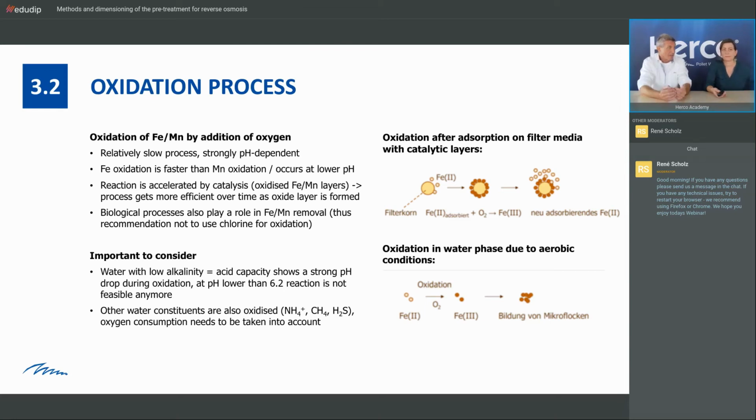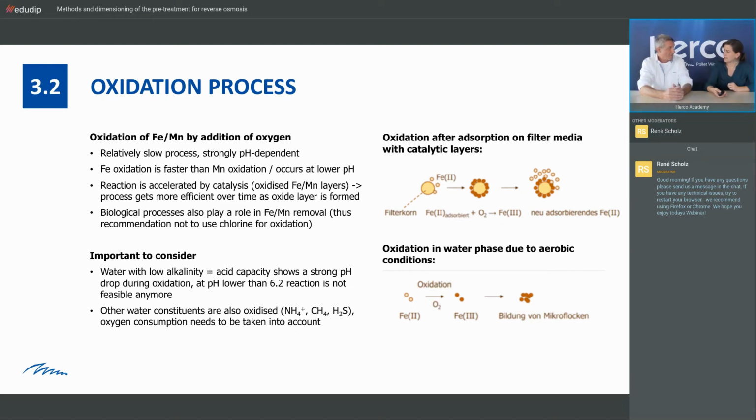Normally you can use a material where the manganese dioxide is already impregnated, or you can wait because the manganese dioxide is formed during the process. You use a normal filter sand, and then demanganize. The manganese goes on top of this sand and forms this manganese dioxide.